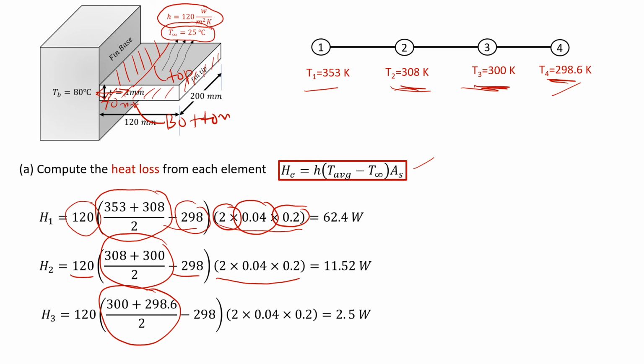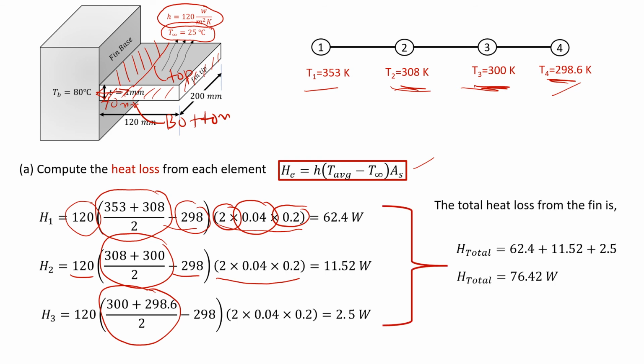Therefore, there will be no heat loss. Once we have determined the heat loss from each element, then we can calculate the total heat loss from the fin by calculating the summation of the heat loss from all elements, as shown in this slide.